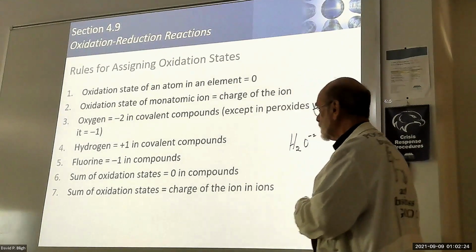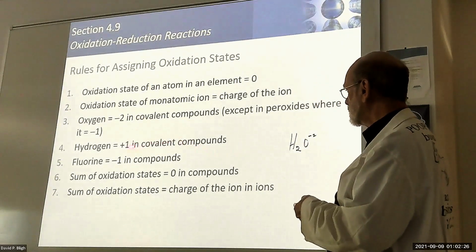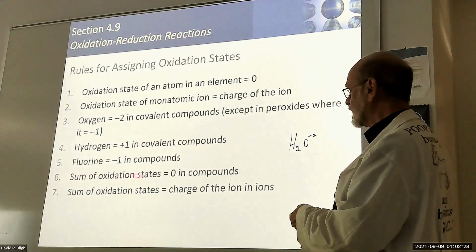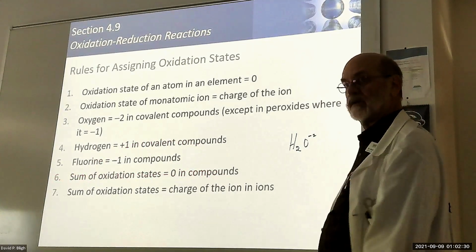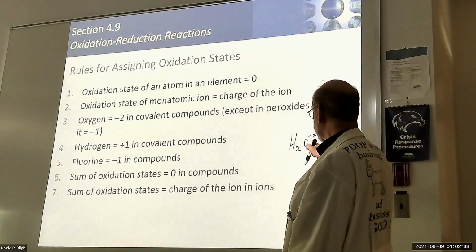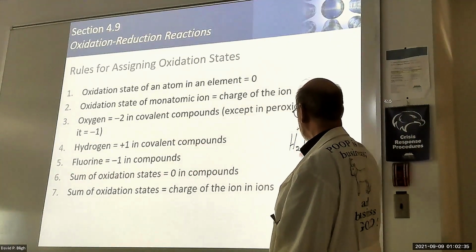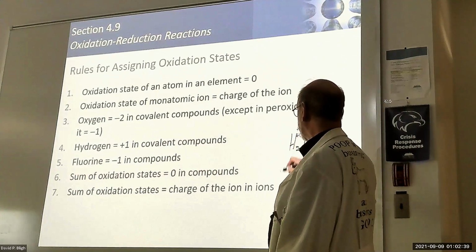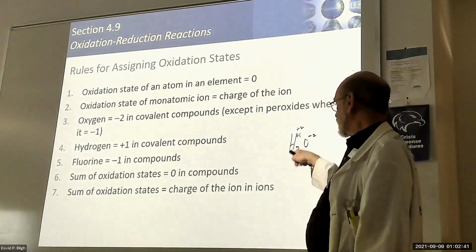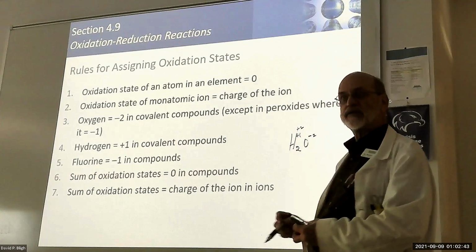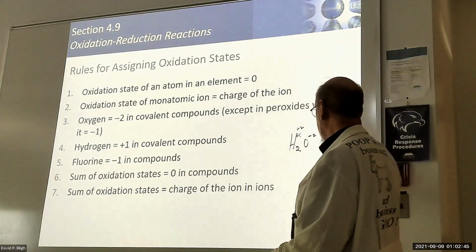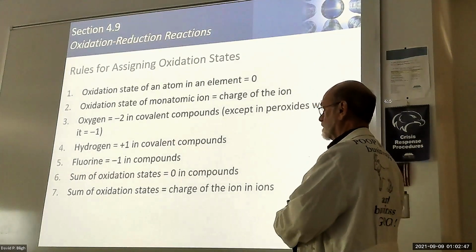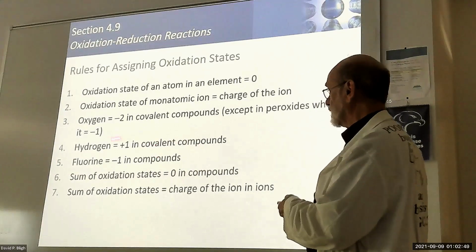Well, the sum of oxidation states equals 0 in compounds. So that means we've got to balance this with a +2. But you've got 2 hydrogens, so each one has to be a +1. So hydrogen in this case is +1 and oxygen is -2. And that's the case for hydrogens in covalent compounds.